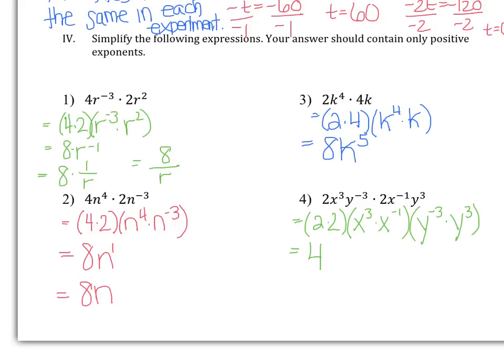X to the third times x to the negative first is going to be x squared, because 3 minus 1 is 2. And y to the negative third times y to the third is going to be y to the 0th, which also equals 1. So my final answer is going to be 4x squared.